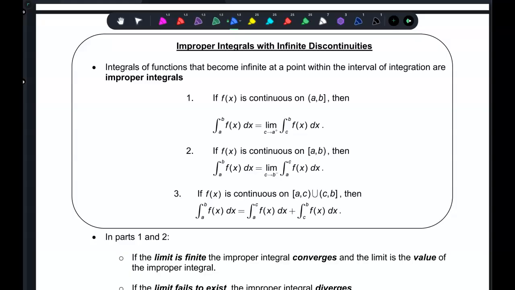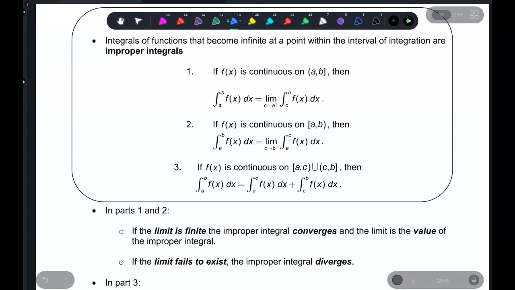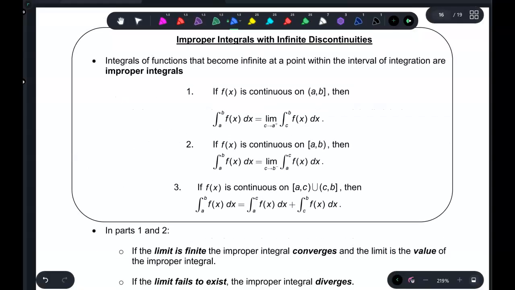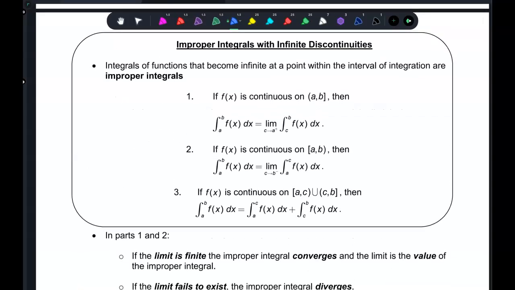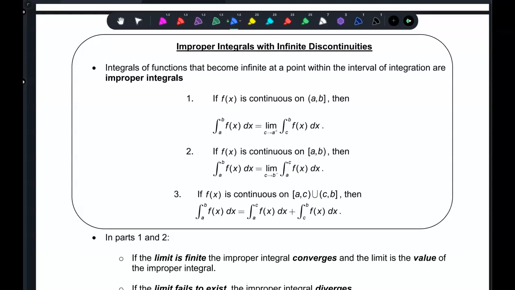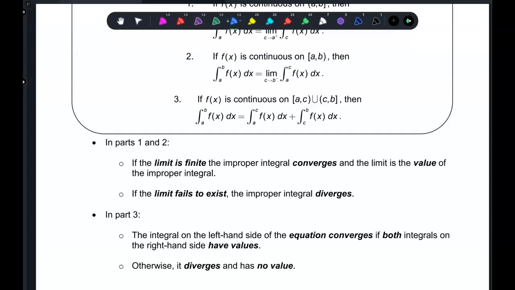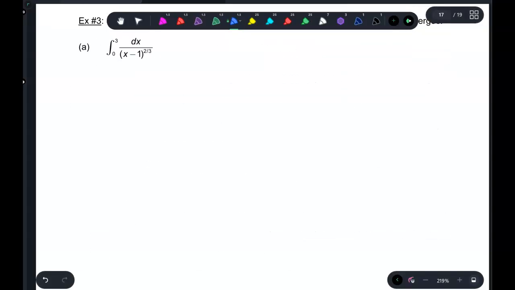And if both of them have discontinuities, you just split it up into 2, kind of like when we were doing negative infinity to infinity. And same thing as the last one, for 1 and 2, it either converges or diverges. For the third one, if one of them diverges, then the whole thing diverges. So both of those have to converge.